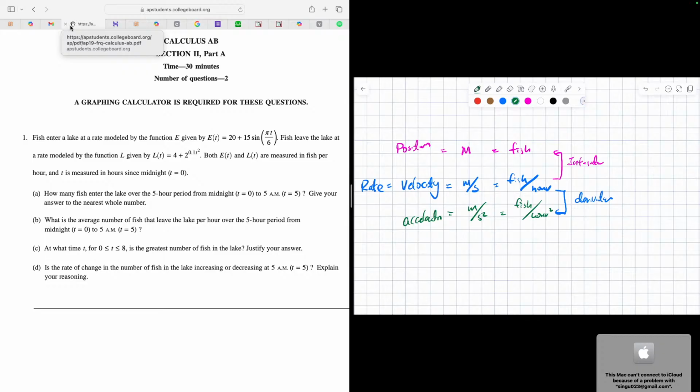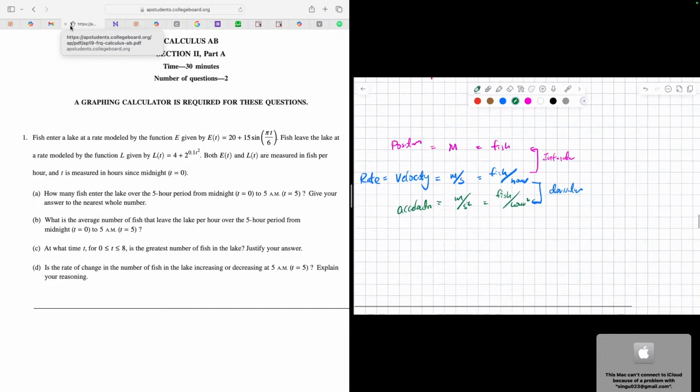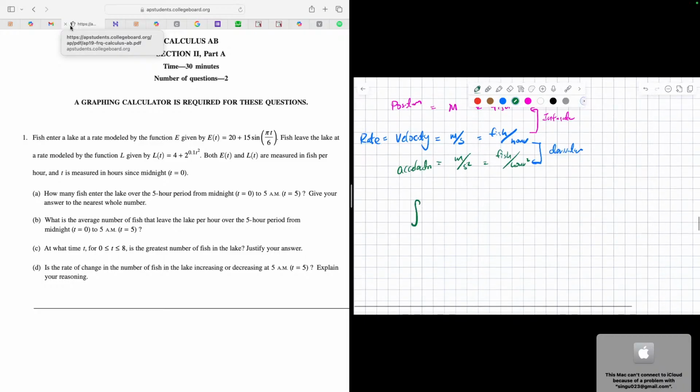You got it? And then you say, well, this question is almost exactly the same. Let's look at this question. They say, how many fish entering the lake? Well, I'm gonna do integration of, in this case, E of t dt. Now, here's the bad part. I'm gonna talk about why it's the bad part, because yesterday, some of you guys already found a mistake.